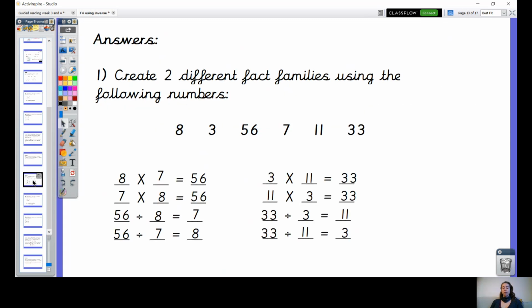And now we have the answers, so make sure you're ticking nice and neatly with your pencil or a purple pen at home. Off we go.